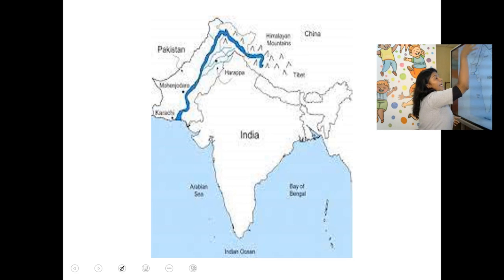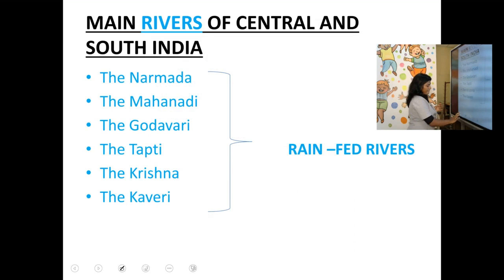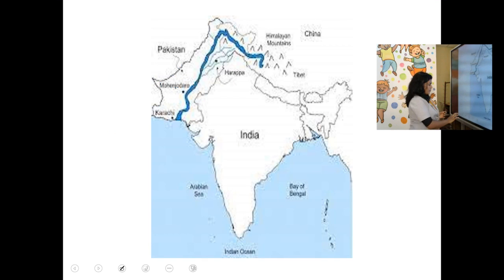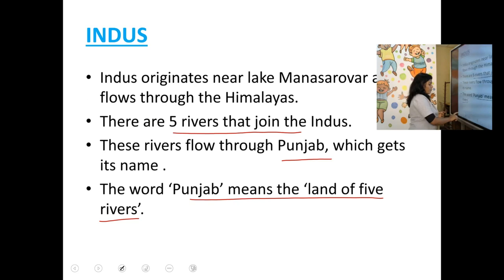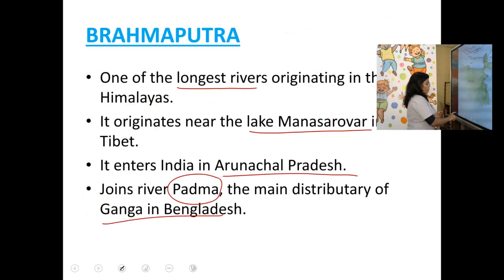Those 3 rivers emerged from here, flowed through the mountains, then reached the Bay of Bengal. But the river Indus emerged near Lake Manasarovar, flowed through the Himalayas, then reached the Arabian Sea. Got it? This is the river Indus.